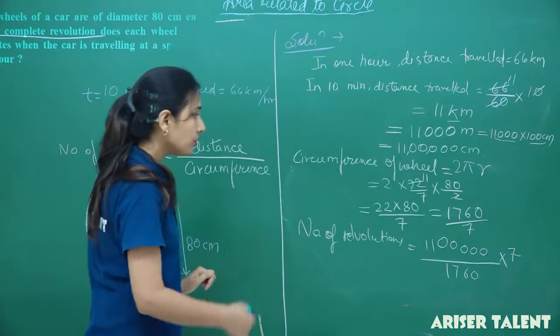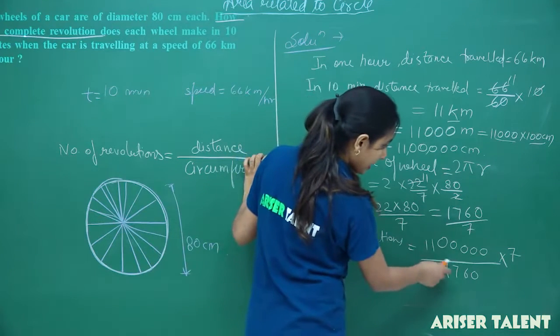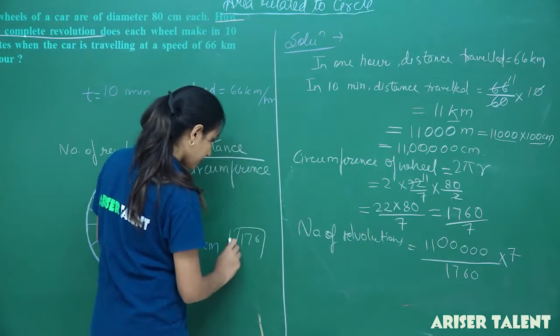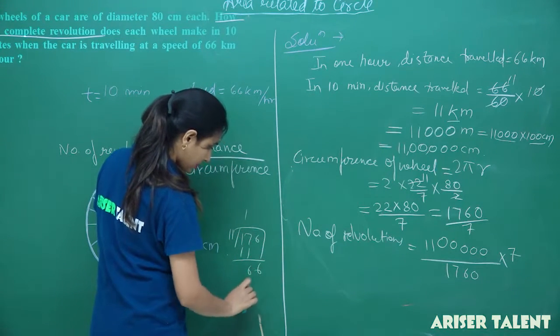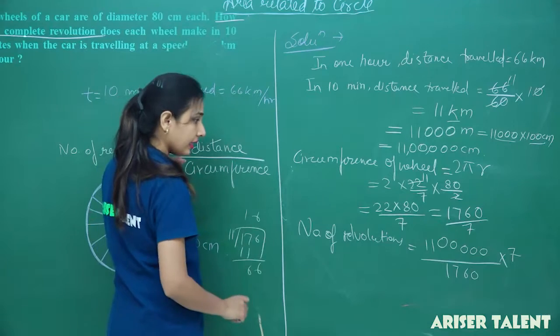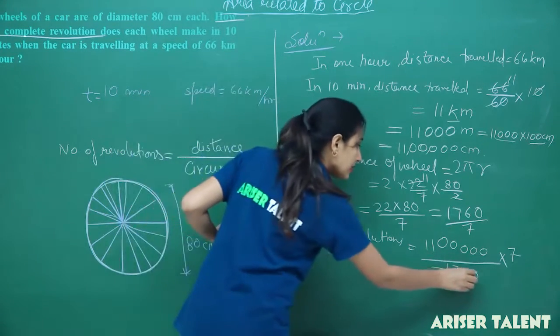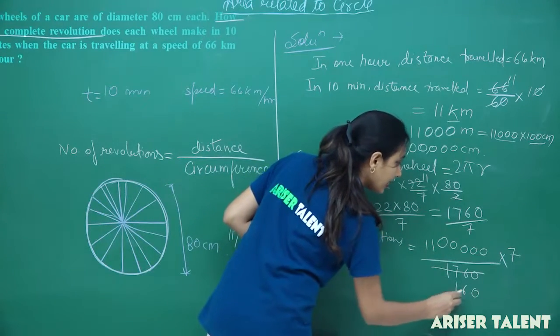Okay students, so when you will be seeing this by 11, can it be sorted out? 176 by 11, 16 times, right. So it is solving there. I can cut it by 11.